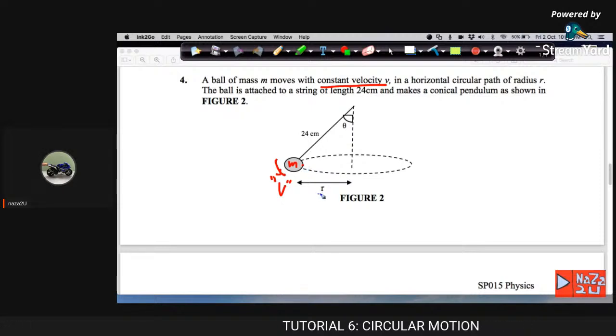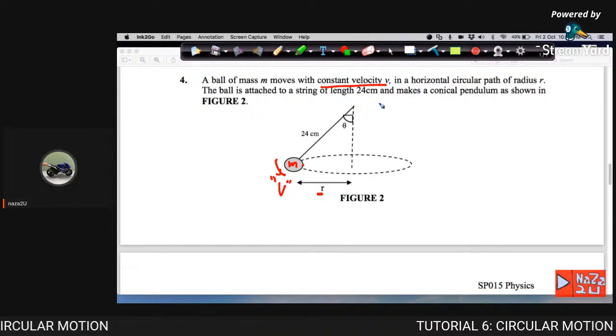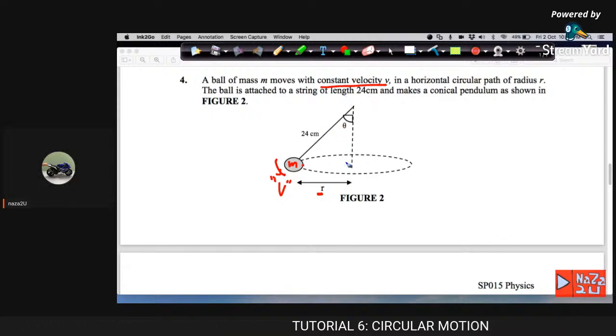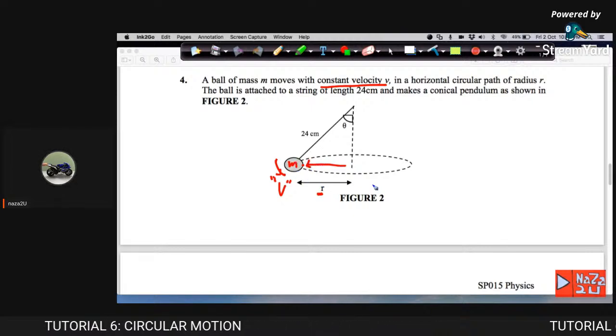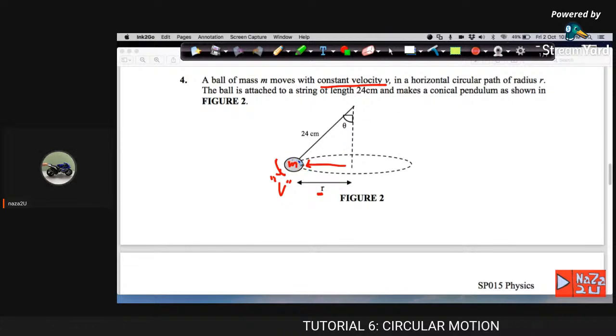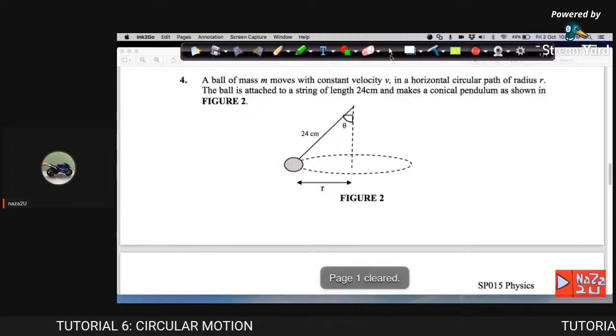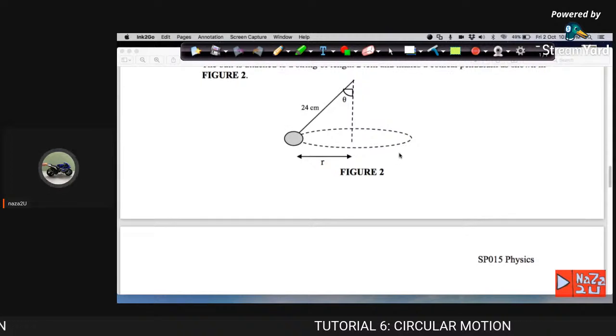The ball is attached to a string, disambung dengan string of length 24 cm, and makes a conical pendulum. Okay, dia panggil, bila kita tegangkan dia keluar ke sana, lepas tu kita pusingkan dia macam ni, conical pendulum. This is a pendulum system, or conical pendulum system. So this is the situation given by the question, and the question asks you to sketch the free body diagram.